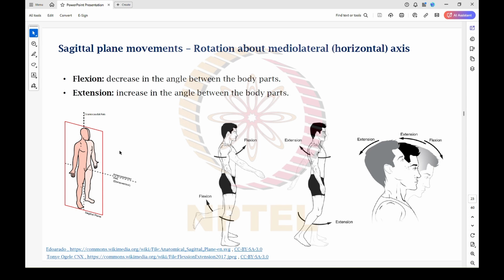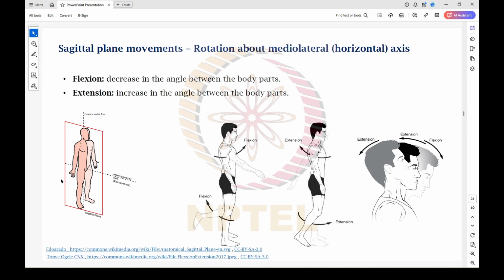So the sagittal plane divides the body into left and right halves, and this is in line with the anterior-posterior axis. The axis that is perpendicular to this plane is the mediolateral axis.